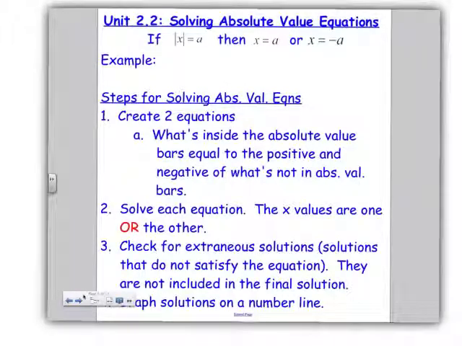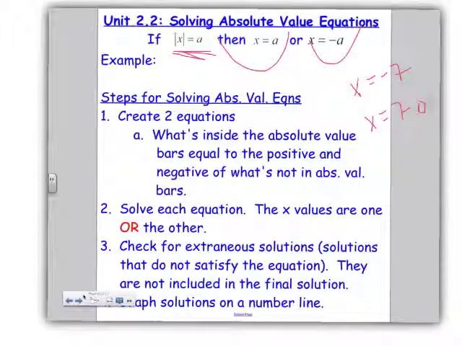In other words, if you have an absolute value of x equal to a, then x could either be a or x could be negative a. For example, if x was negative 7, then x could either be 7 or x could be negative 7 and would still allow the absolute value of x to be 7.